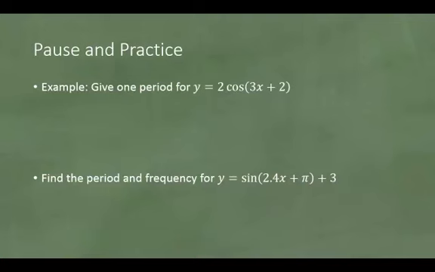So try these on your own. Give one period for the following function: 2 cosine 3x plus 2.